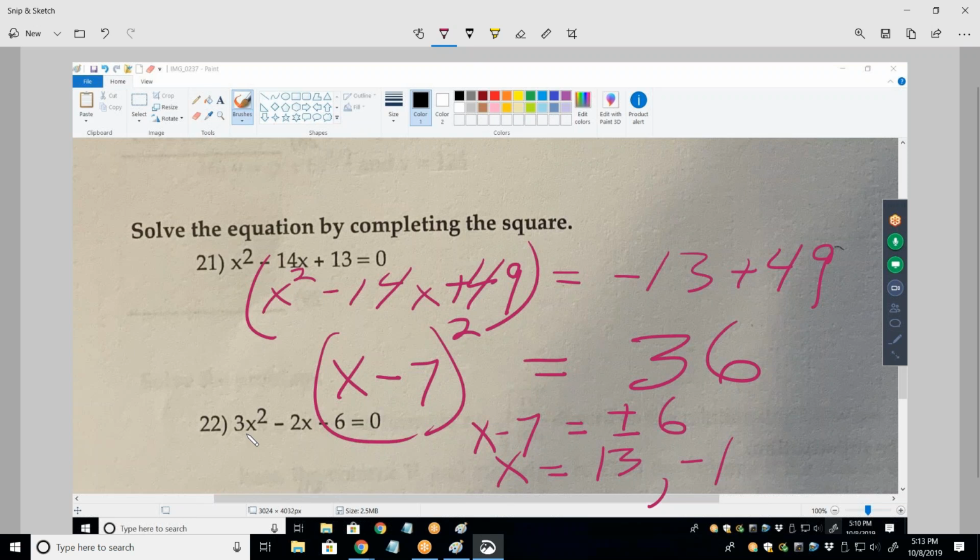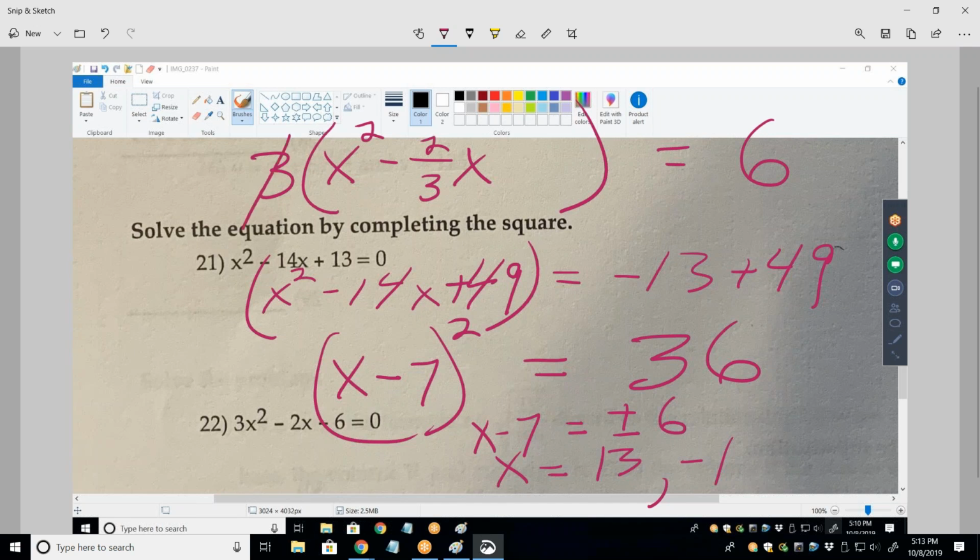So it's going to translate to 3 times x squared minus, I'm factoring out a 3, leaving room enough to complete the square, equals plus 6. Now I can actually divide both sides by 3, turning that into a 2. And now continue on your merry way. Complete the square inside, balance, take square root of both sides, everything else is the same. Just remember that when there's a number in front of the x squared, you have to factor it out before you can complete the square.